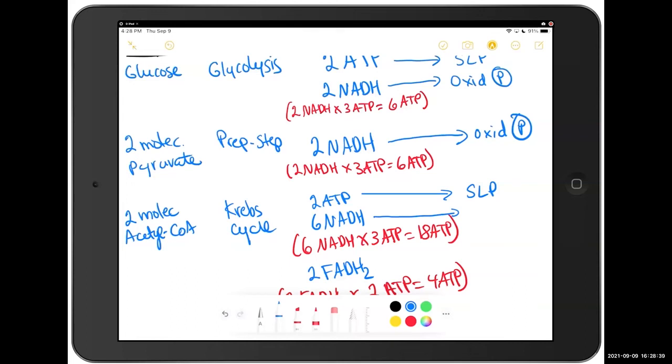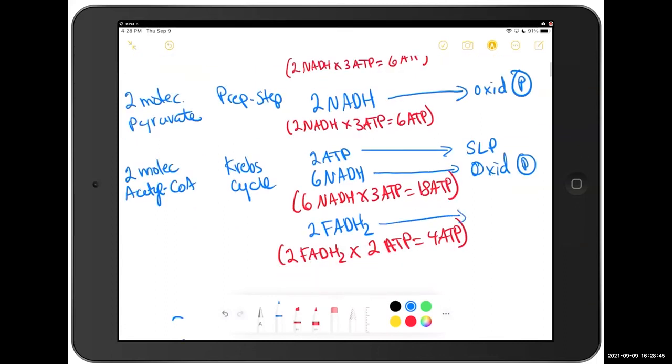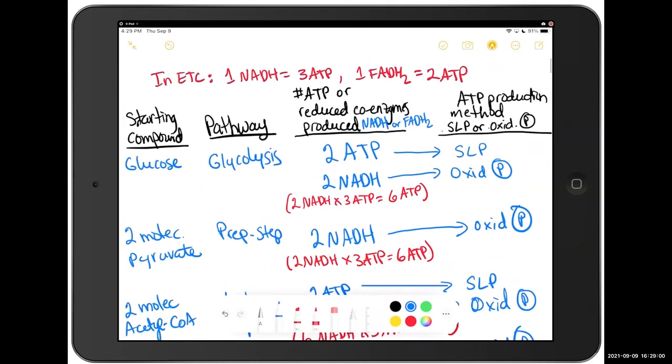Oxidative phosphorylation. And what about the FADH2? Oxidative phosphorylation, correct. And there you have it. You need to understand this.